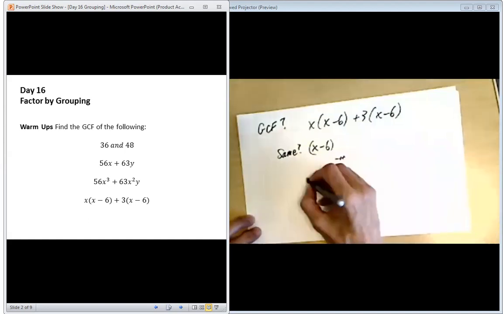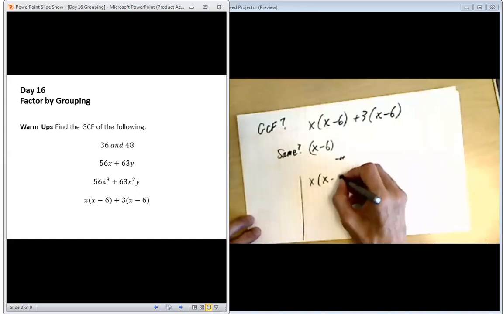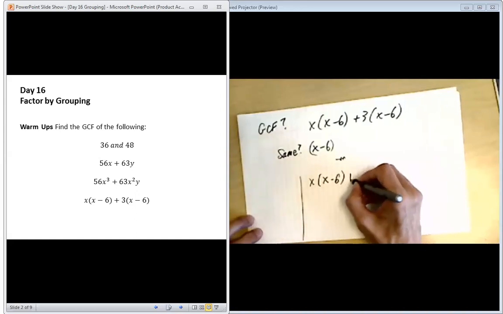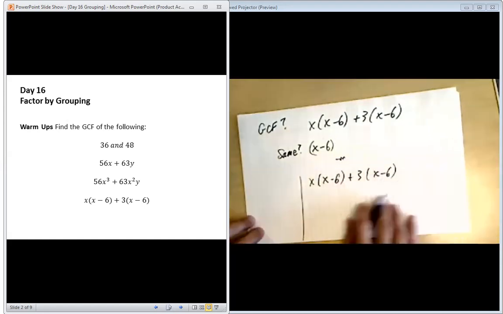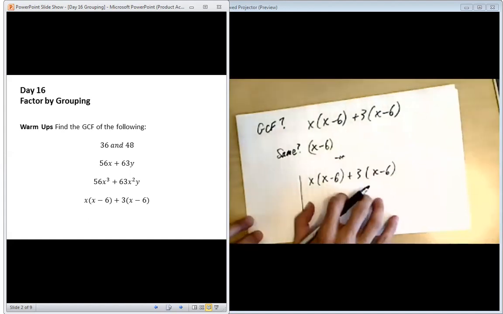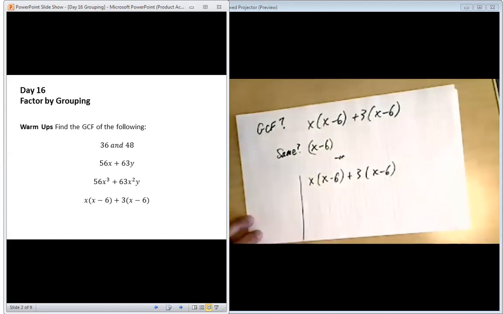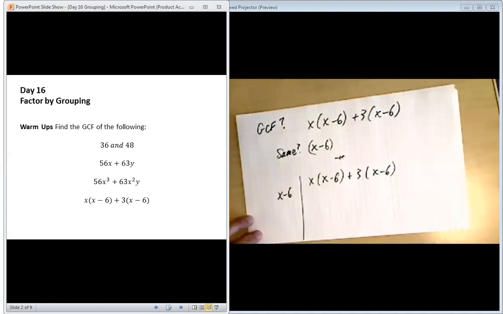You could show it like this. This is getting to be a bit long and a bit silly for this type of question, but it can still work, right? What goes into both? What's the same? x minus 6. Okay. We could even put the brackets there.